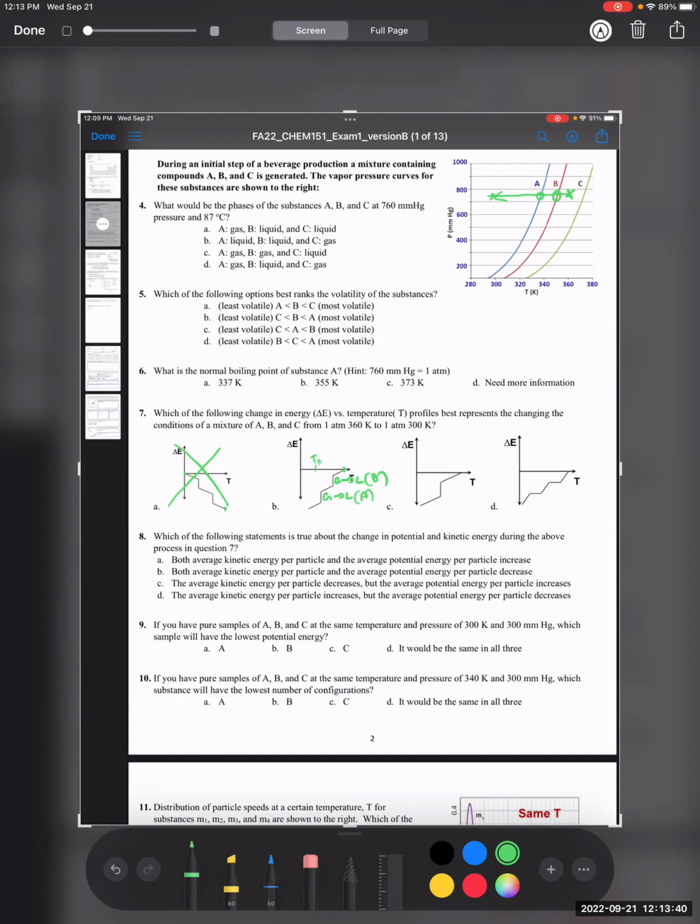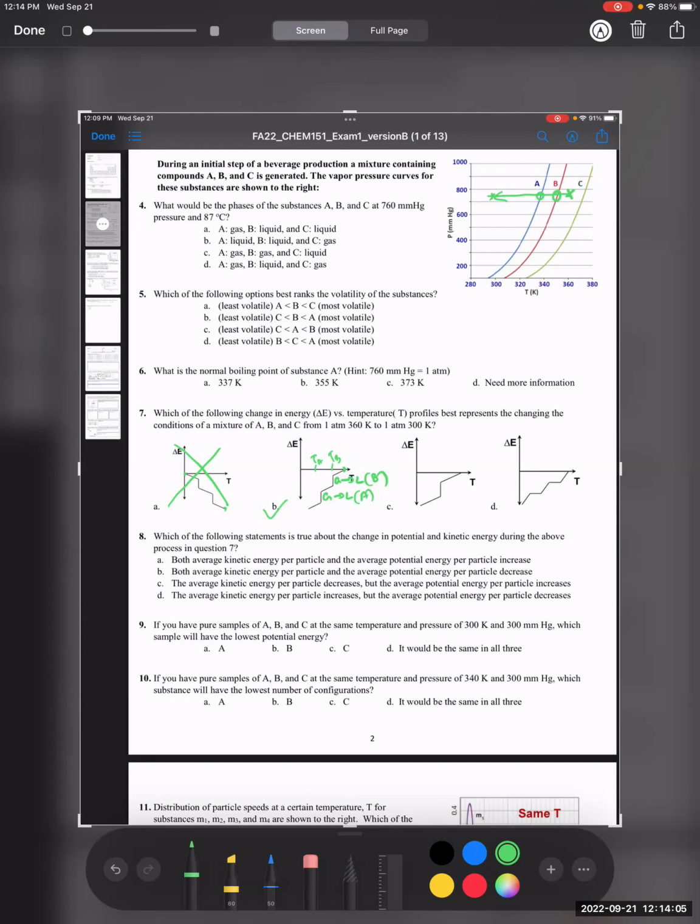This is TA, TB. Temperature remains constant, but energy goes down because we are decreasing the potential energy. Now, once all the A is converted to liquid, again with temperature, energy decreases. This is what we have here. All right, so I think option B seems very reasonable.